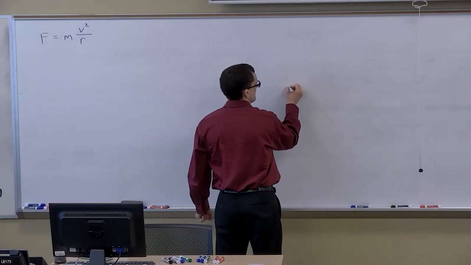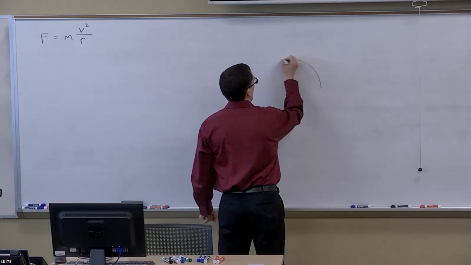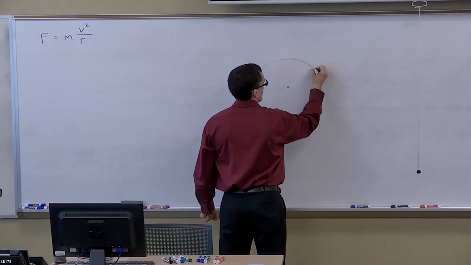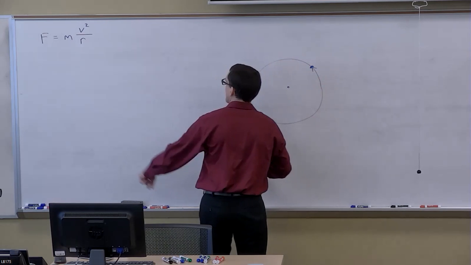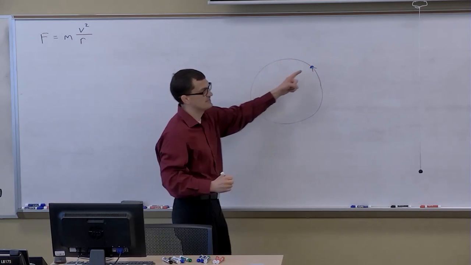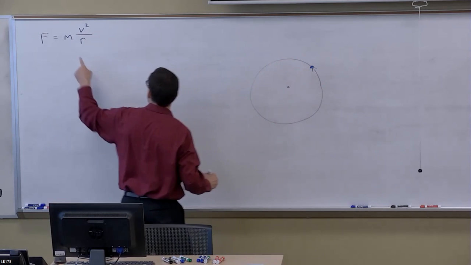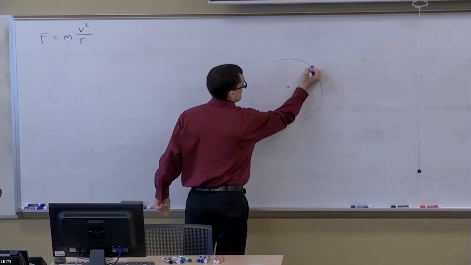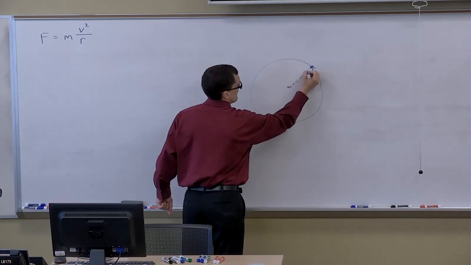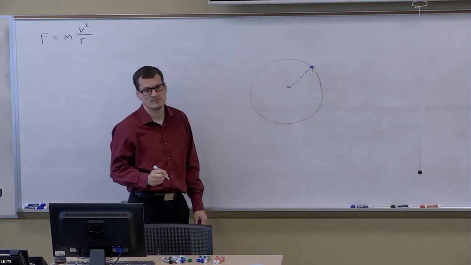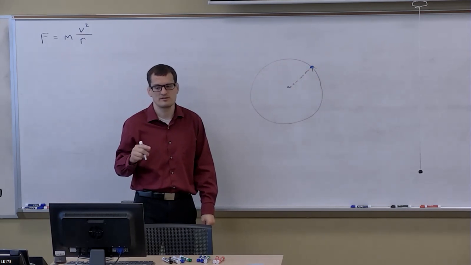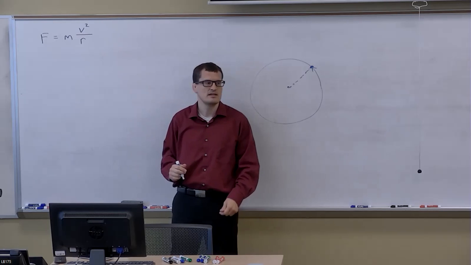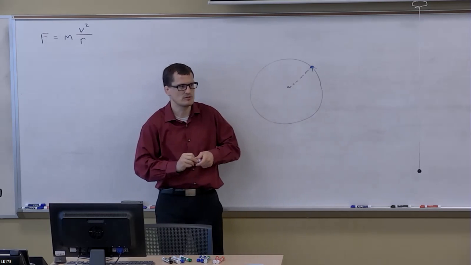If you have some object spinning around in a circle, how fast it's spinning, that's your velocity. The mass of the object, your m, and then the radius, the point it's spinning around, is your r. Okay? And so those things combined in that way give you centripetal force.